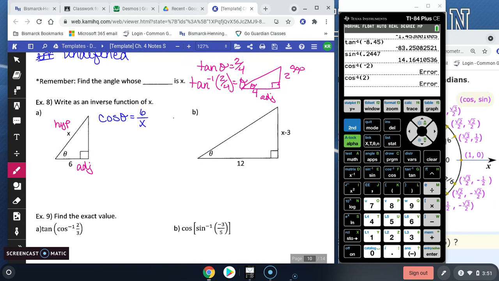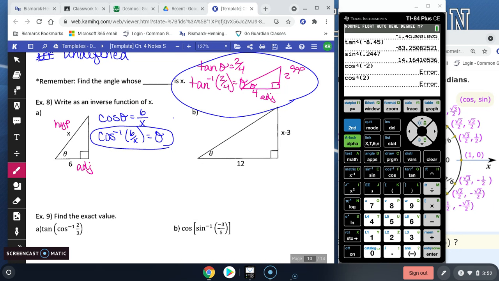How would you go about solving this? We do the same thing we did up here. You would do inverse cosine of 6 divided by x, and that would give me the angle measure. We just wrote this cosine statement as an inverse function using inverse notation.